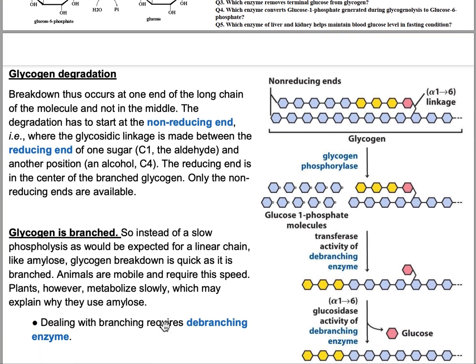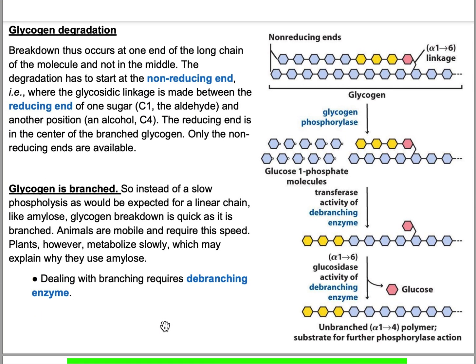So what about the branch? Here is the summary of glycogenolysis. Here this is the non-reducing end and this is the branching point. The glycogen phosphorylase will trim glucose one at a time, and it stops working when there are 4 glucose residues remaining before the branching point.